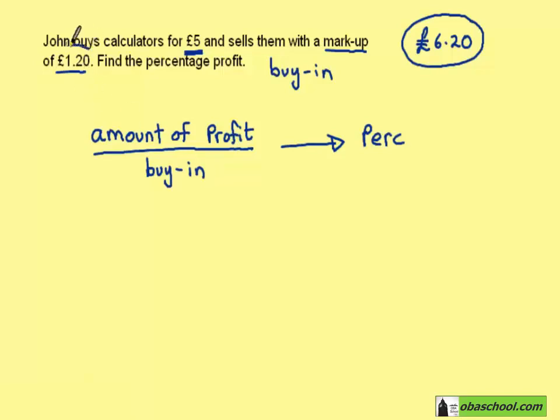So in this example, we know that the amount of profit is £1.20. The buy-in price is £5. To convert into a percentage, we multiply by 100.